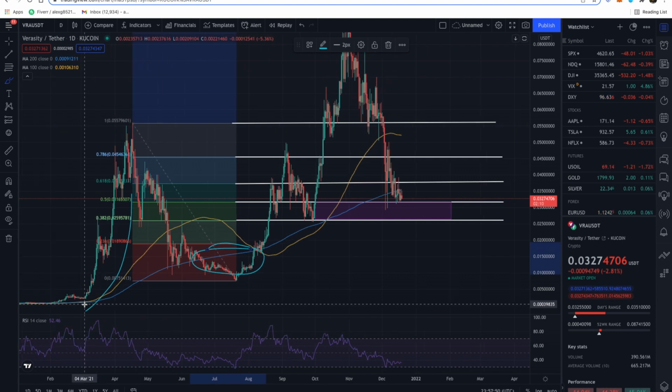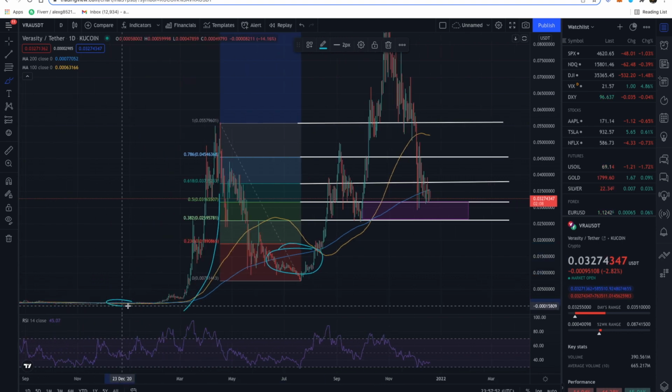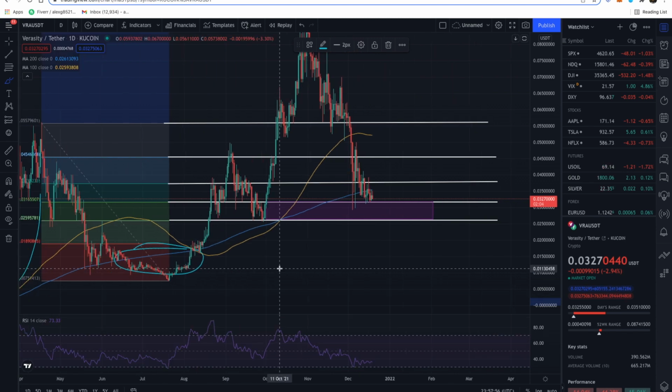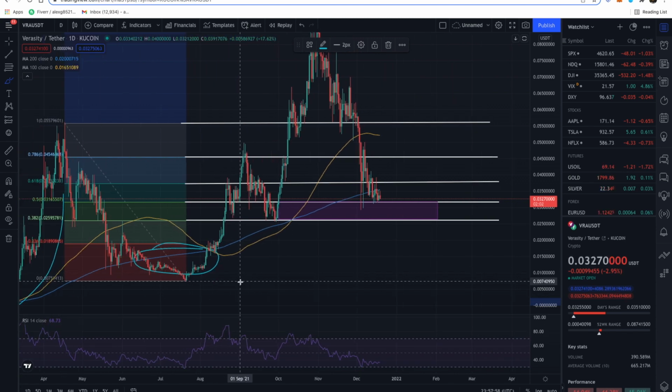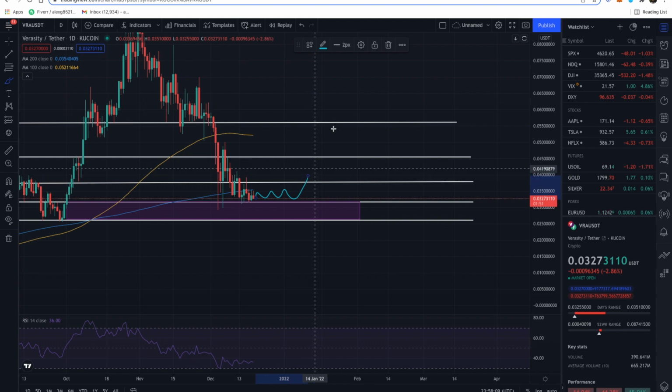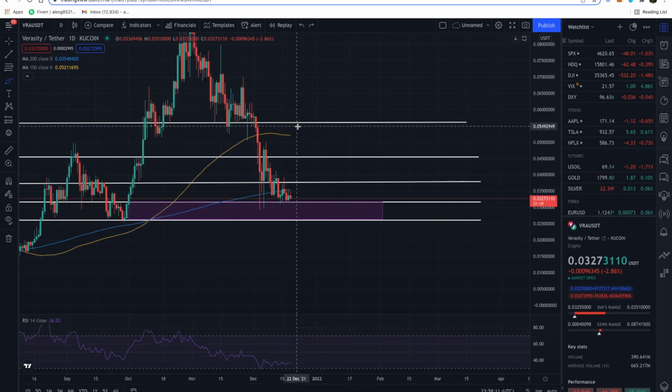Back here, it's hard to see, we were below it just for this little period of time. But we've only been below it really twice in Verasity's history as a coin, and it doesn't really stay below that for very long. So if we do drop below and consolidate below the 200-day moving average, I would expect a pump to the upside shortly after that consolidation.